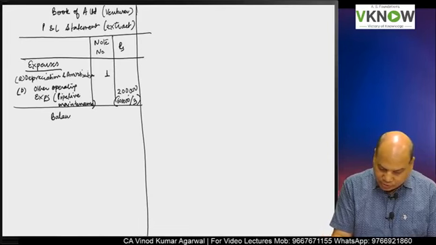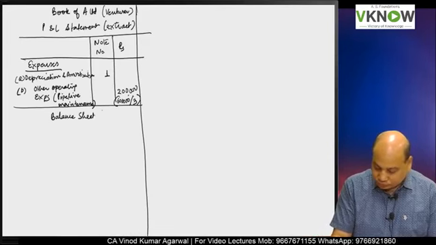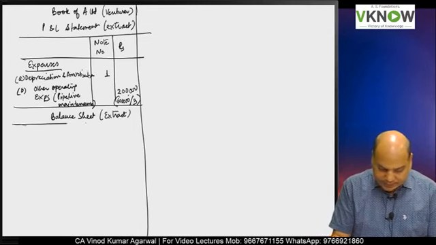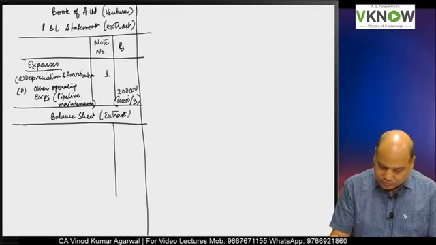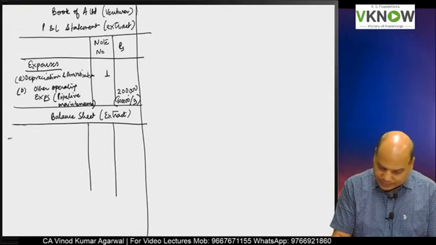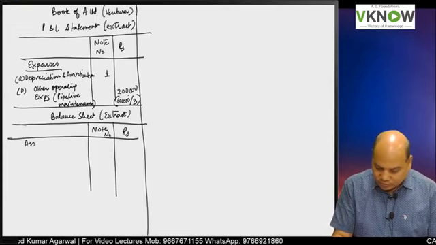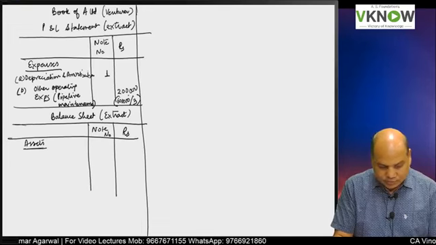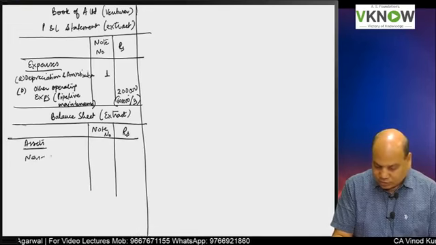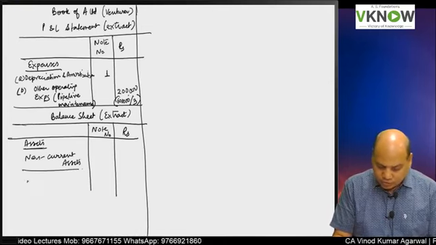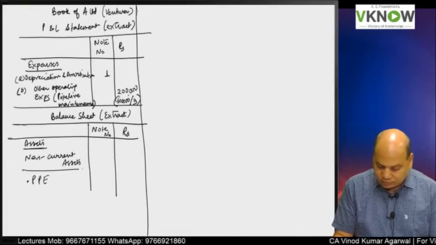Then you write down balance sheet, in bracket extract. In the balance sheet we will write note number, amount in rupees, asset side, non-current asset. We are going to record our share in the assets of the jointly controlled asset and PPE.